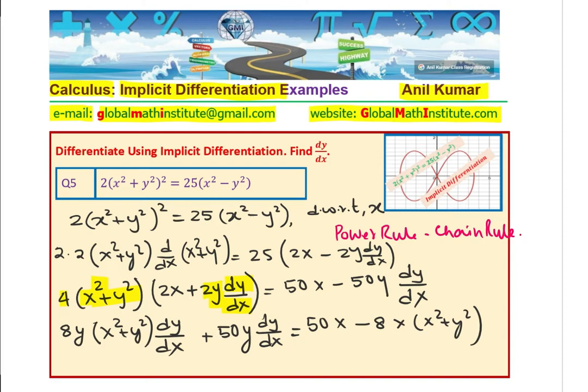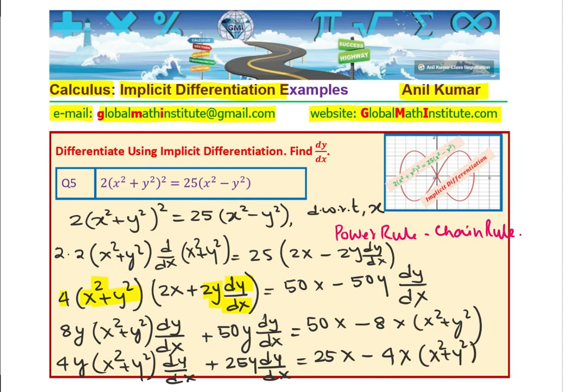So I'm rewriting this as 4y times x squared plus y squared dy dx plus 25y dy dx equals 25x minus 4x times x squared plus y squared. Correct? So in dy dx, we have 4y times x squared plus y squared and 25y as common, right? And the right hand side has all these terms, right?